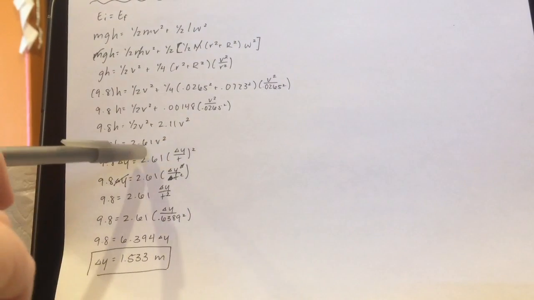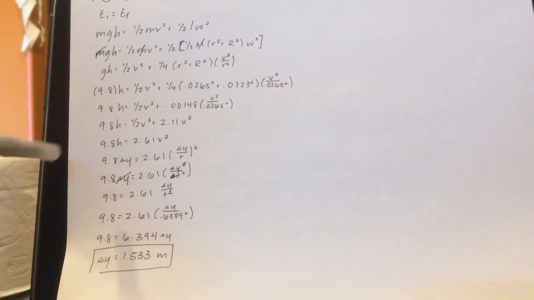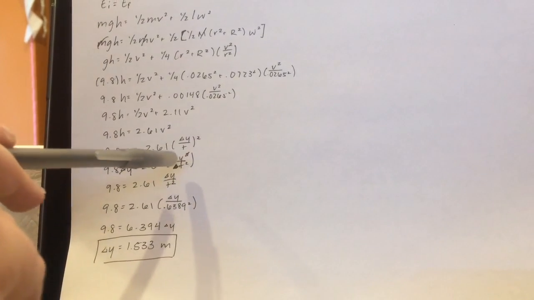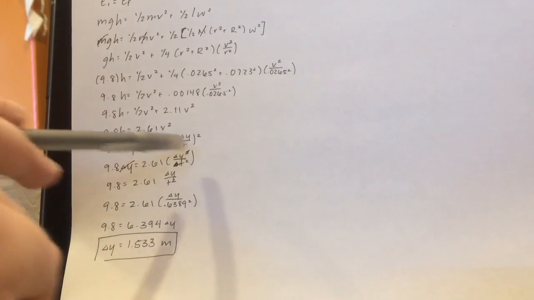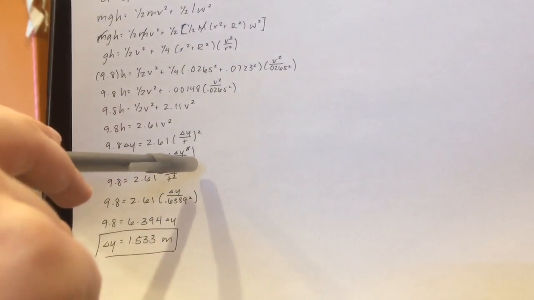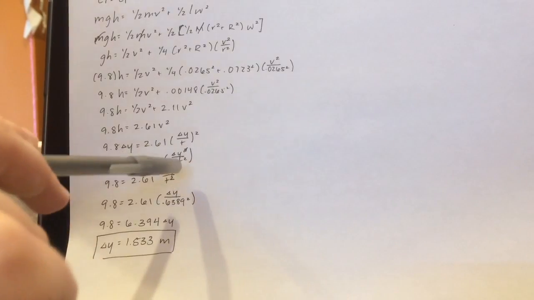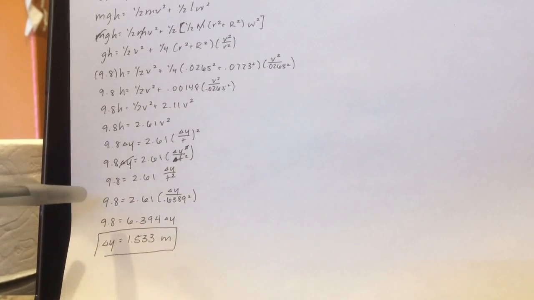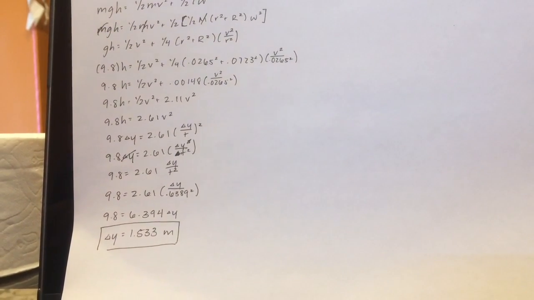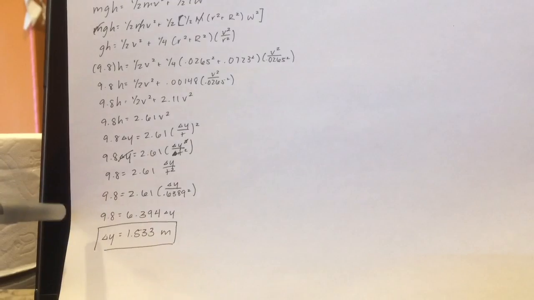We added together these two v squared terms to give us 2.61 v squared, and then we expanded v squared out into (delta y over t) all squared, which allowed us to cancel out this y and then this y squared. So we were left with 9.8 equals 2.61 times delta y over t squared.